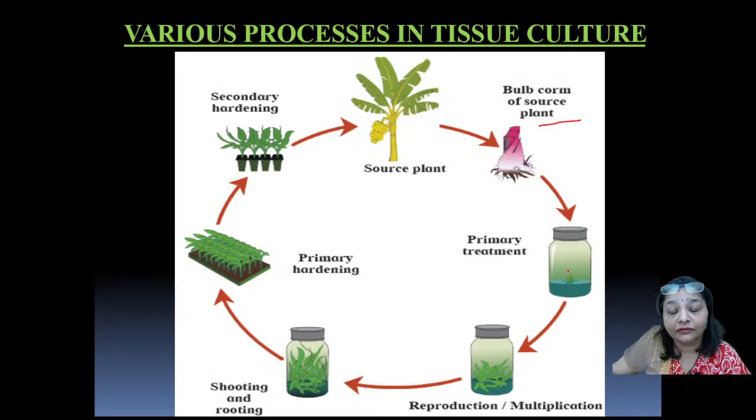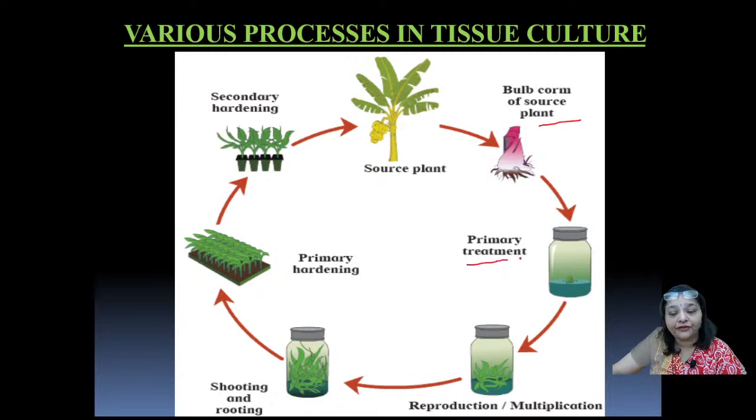Now the explant is left there in the lab under a certain amount of light, of course a certain optimum temperature for growth, and is left to grow and multiply.